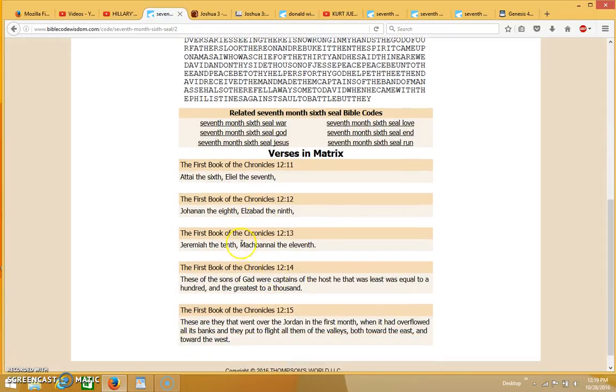And this is chronicled as well here in the book of Chronicles in chapter 12. This is what it's talking about, and I'll go ahead and read this real quick.